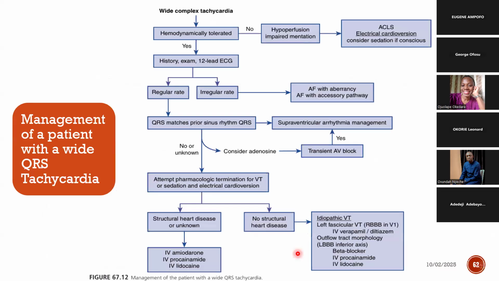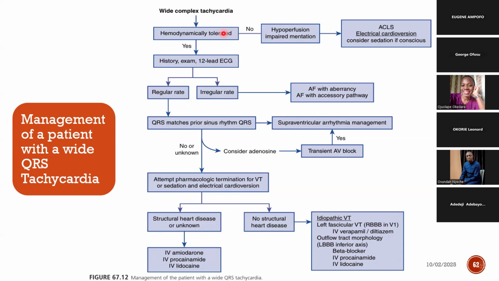So when it comes to management, when you have a wide QRS complex tachycardia, the first thing to decide is whether your patient is hemodynamically stable or unstable, and that will determine the pathway you take for the treatment.